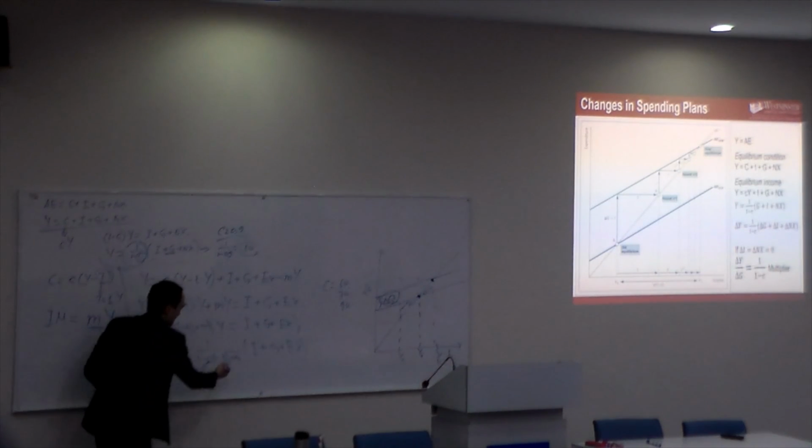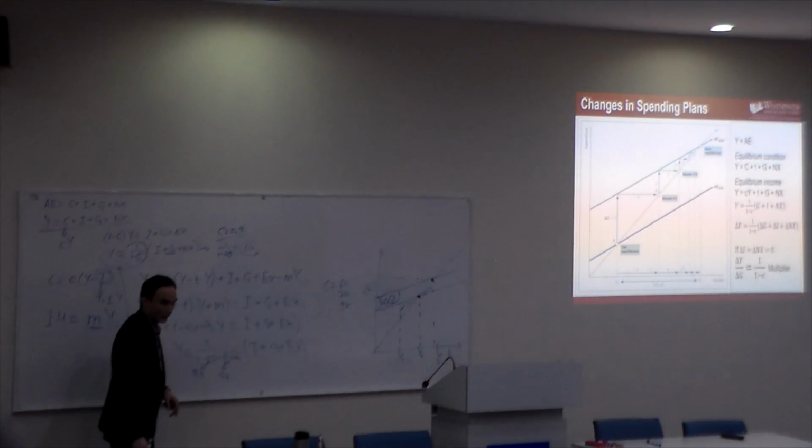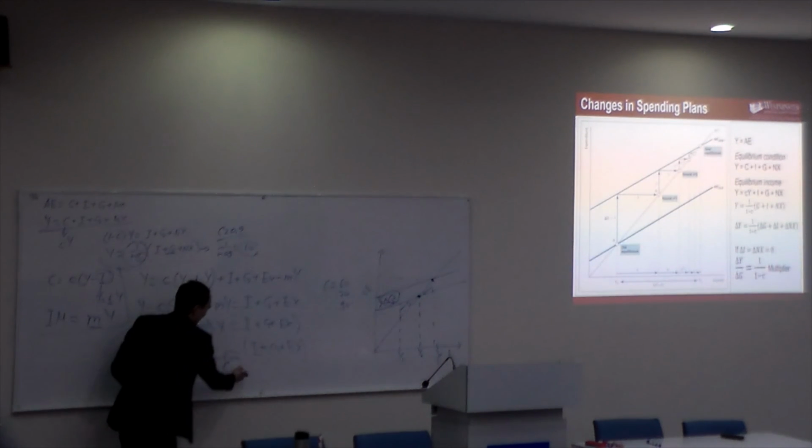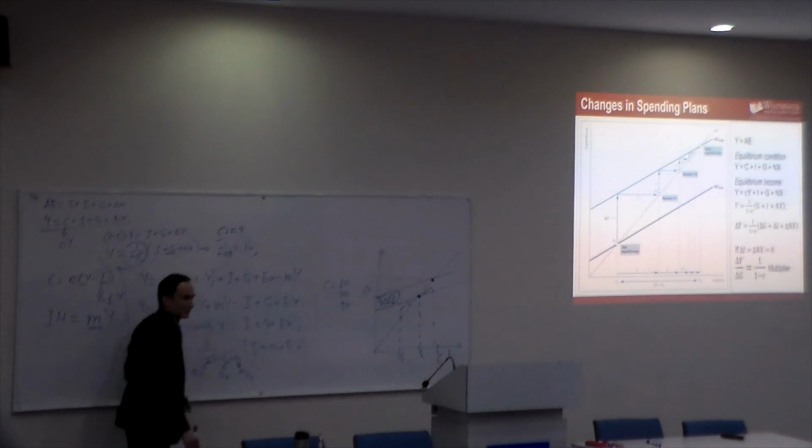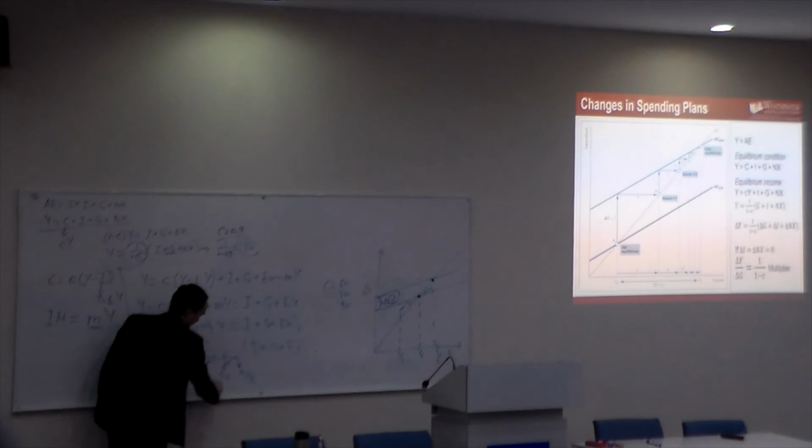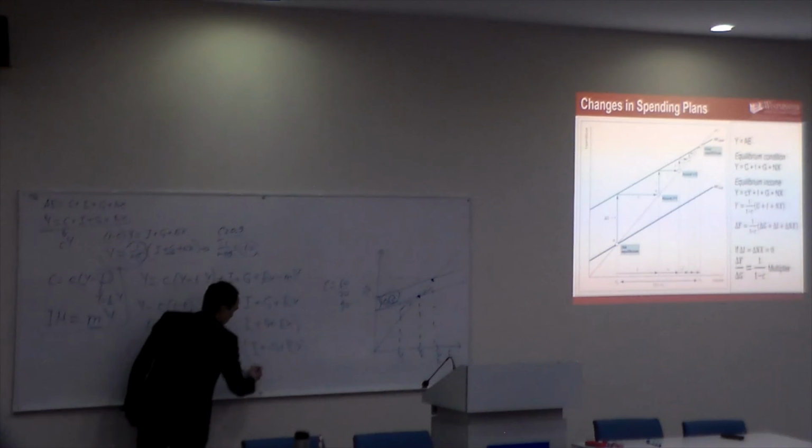Tax rate, let's suppose, is 20% of total income. And the import level in the economy, let's say, is 22%. We import 22% of total income. Good. If you make all of those calculations here, you will get that it's equal to 2.